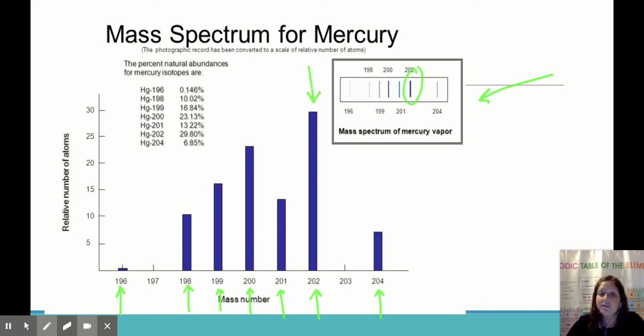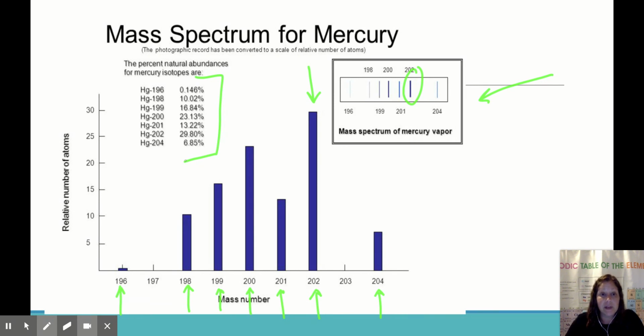You don't have to memorize this. This is just something that could possibly show up to show you something about the isotopes of an element, and it's always just good to see the different ways that they can represent this. Now, here are all of the natural abundances that correlate to this particular set of data.